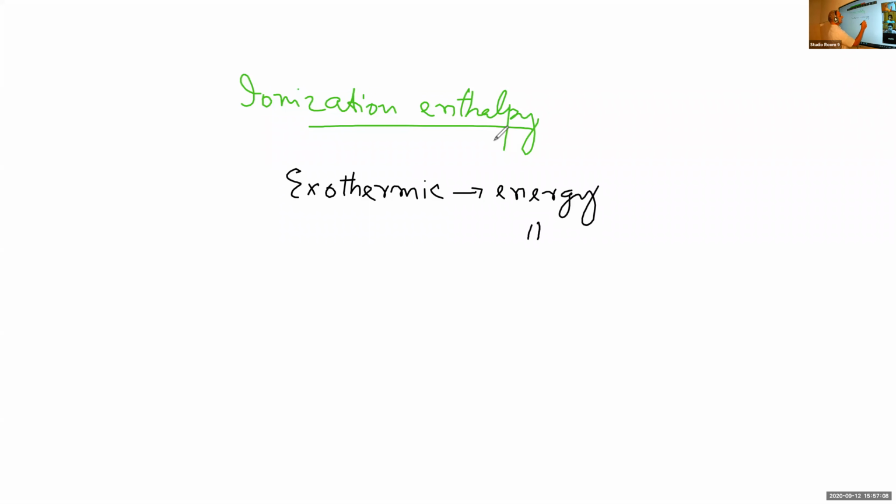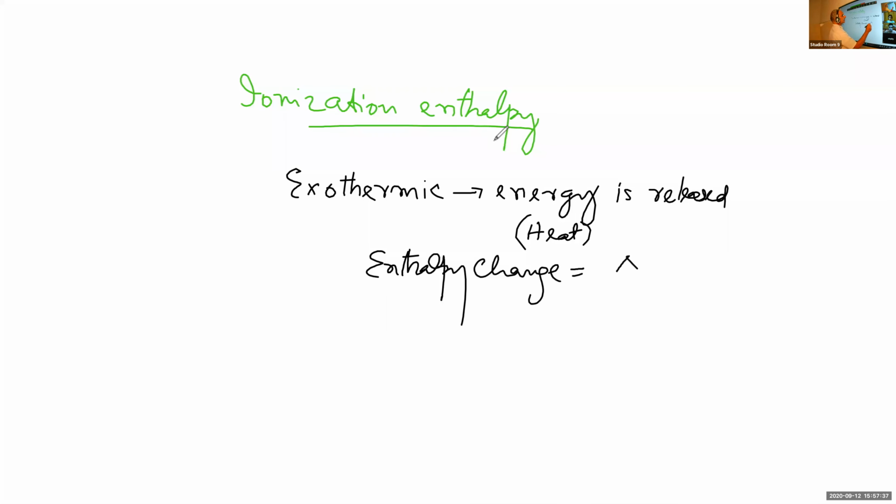Heat, for example. Energy of any form, usually heat, is released. Heat is released, that is an exothermic change. If heat is released, then the change in energy is represented by enthalpy change, that is represented by delta H, where H is the enthalpy.